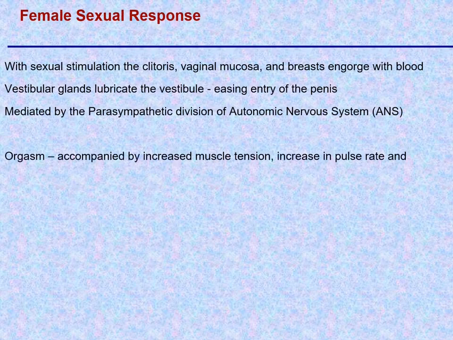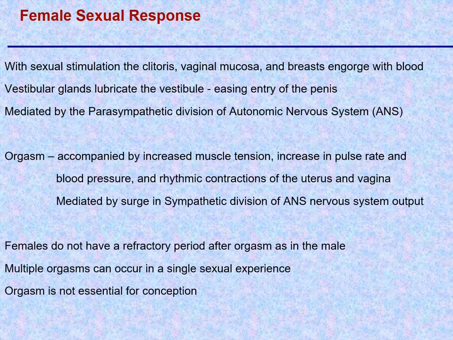Now, with puberty and sexual maturation, the female can go into sexual response, and this is due to stimulation of the clitoris and vaginal mucosa. With sexual stimulation, the clitoris, vaginal mucosa, and breasts will enlarge somewhat and gorge with blood, particularly the clitoris and vaginal mucosa.